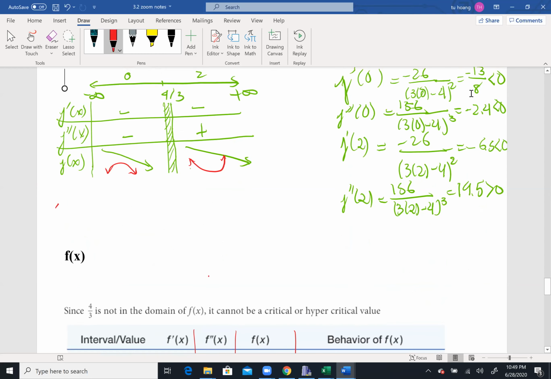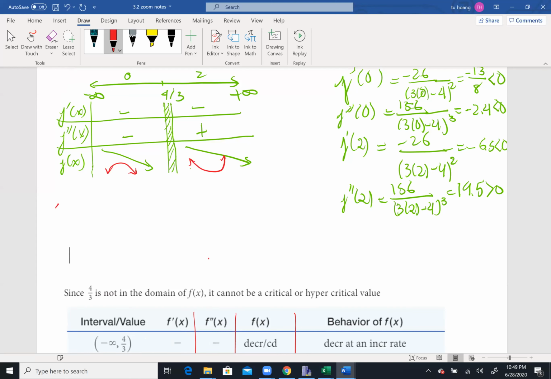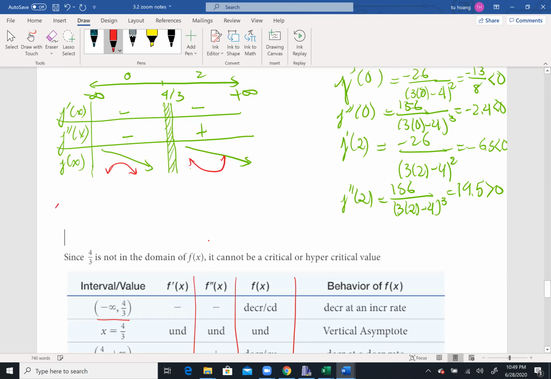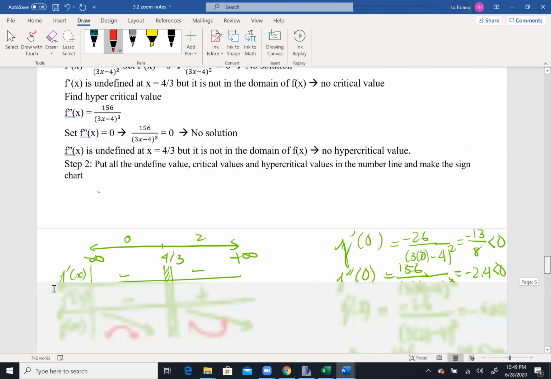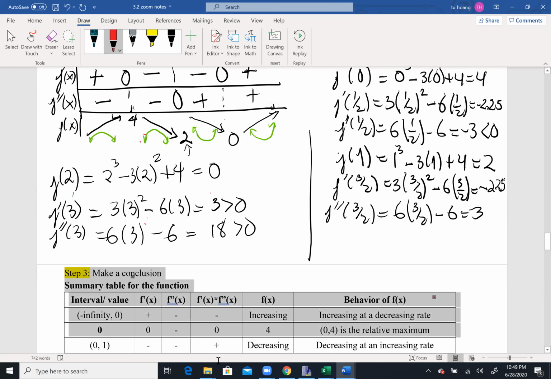Okay, so now I'm going to move to step 3. Let me copy this out. I like this better.